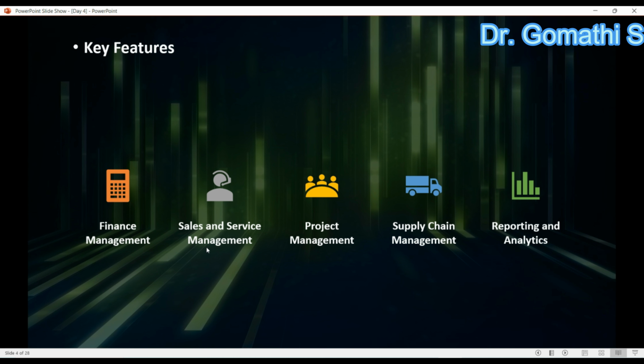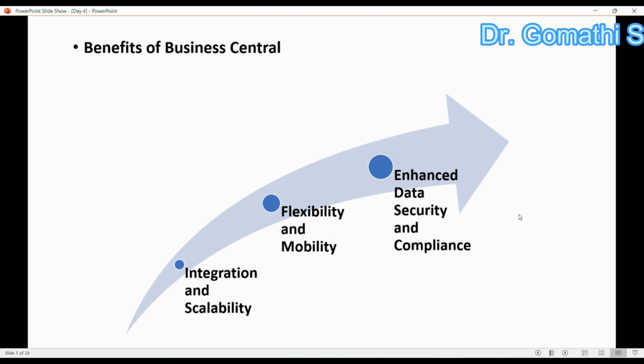Sales management is there, like sales processes and after-sales services. Supply chain management includes inventory control, order processing, and procurement. Project management tracks project cost, planning resources, and project progress. And reporting and analytics, which is built-in business intelligence, with customizable reports and analytics for data-driven decisions. We can bring in Power BI reports as well.